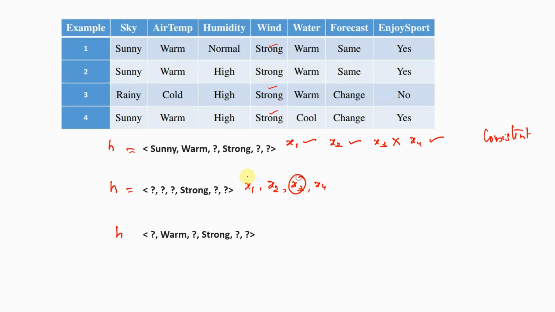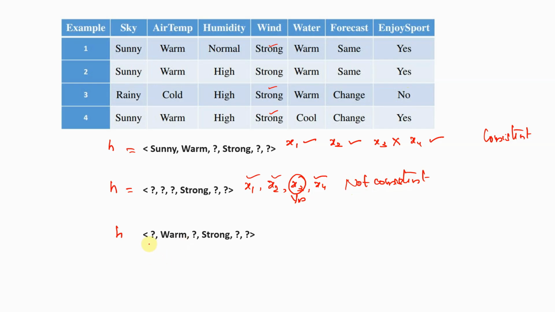You see here x1, x2, x4, it will pass. But when it comes to x3, strong and strong. So the output you get is yes, but the expected output is no. So this hypothesis is not a consistent hypothesis because it cannot best fit for all your inputs.